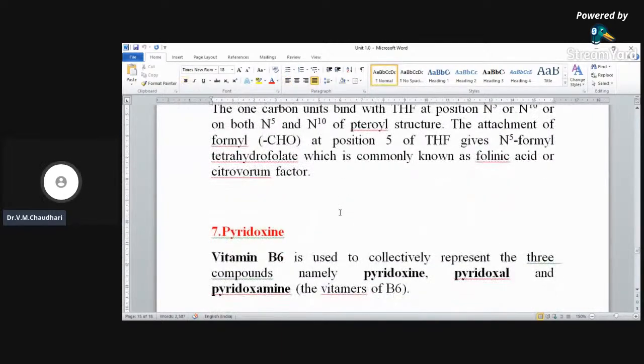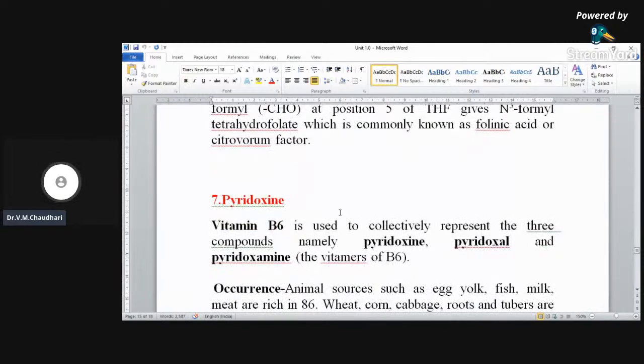The next vitamin is vitamin pyridoxine. Pyridoxine is also known as vitamin B6. Collectively there are three compounds: pyridoxine, pyridoxal and pyridoxamine. These are the vitamins of B6, collectively represented by these three compounds.